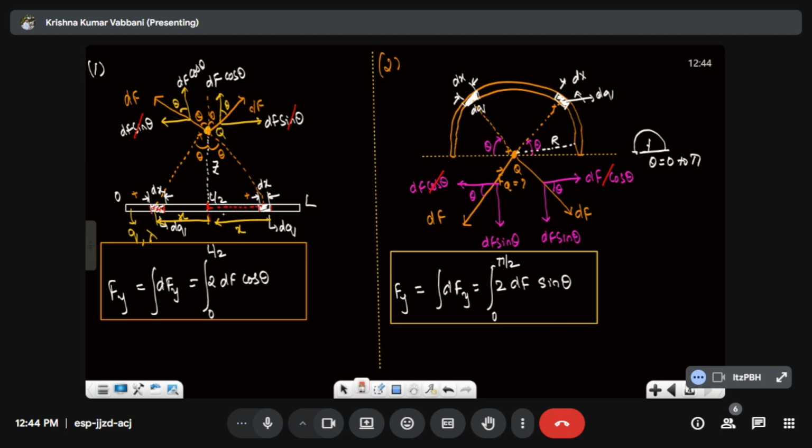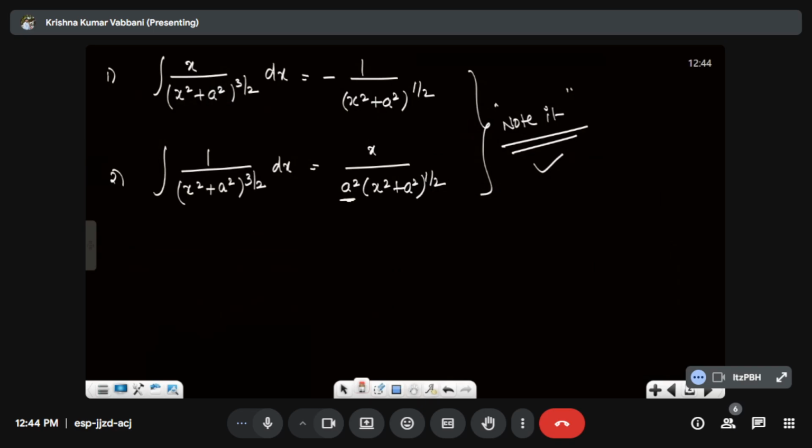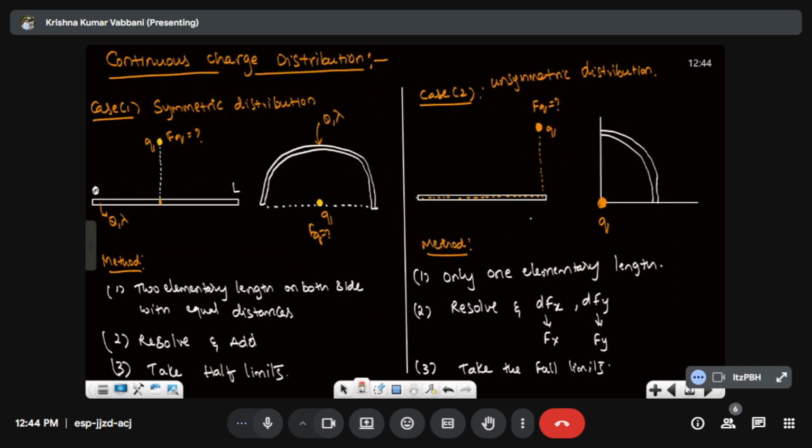My charge varies from this side to this side, because in this case my charge is distributed equally, symmetrically. But if you come to the previous first question, the unsymmetric case, if I take any elementary charge from here, it will vary from here up to here.